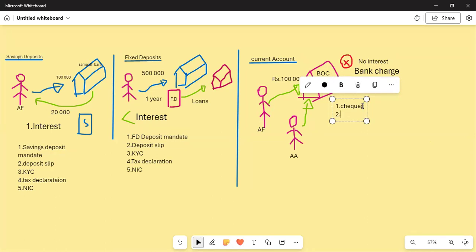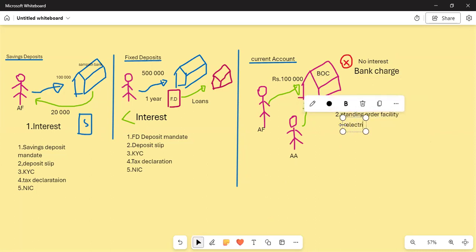And there is something called the standing order facility. For example, I have to pay my electricity bill on the 25th, and I have to pay my telephone bill, phone bill, on the 20th, and my Wi-Fi bill on the 19th.